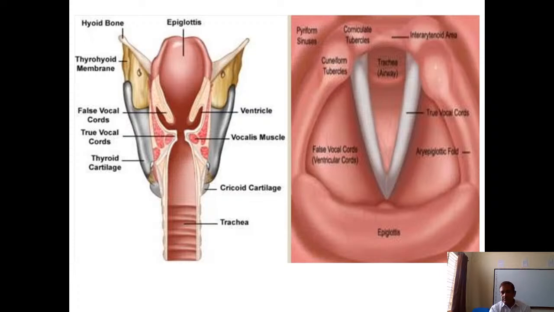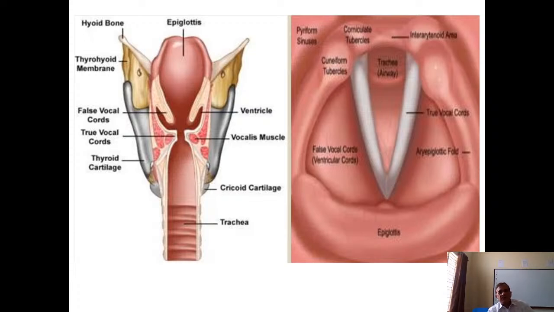It doesn't allow saliva, liquids when you drink, or any foreign bodies to go into the lower respiratory tract. This is done by various levels of valves. One is the aryepiglottic folds, which form the first level of defense: when they come together, the laryngeal inlet is closed.